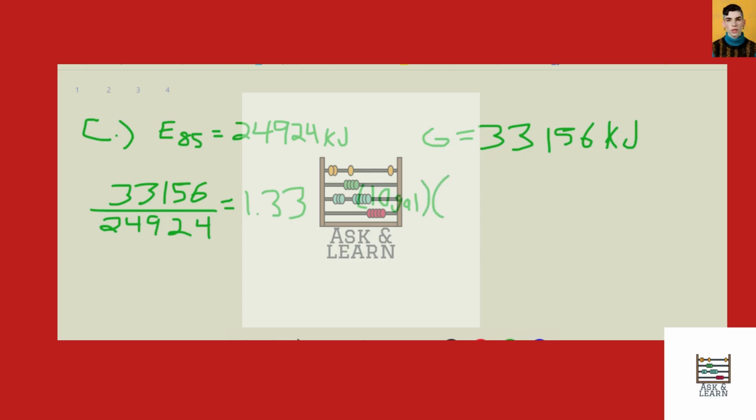So 10 gallons of gasoline times 1.33 gallons of E85 per gallon of gasoline.